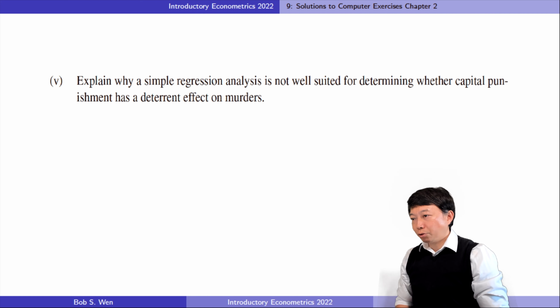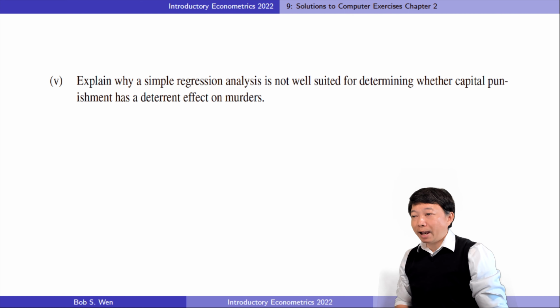For the fifth question, many relevant factors are omitted from the simple regression model. They are contained in the error term. Such unobserved variables include the population of the county, the economic development of the county, the average age of the residents, and the public safety in neighboring counties.